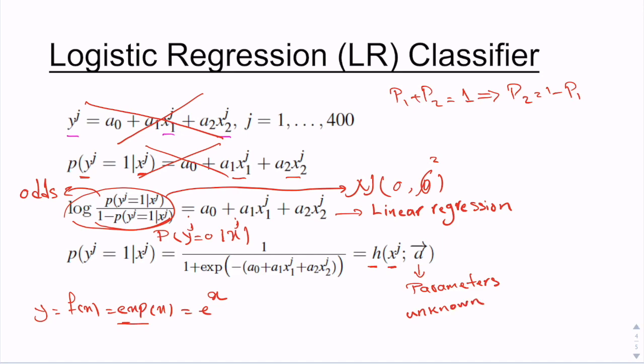As I said, the goal of classification in the training phase is to find a function as close as possible to the actual function. Here we would like to find parameters of the probability which is as close as possible to the actual probability, and this probability gives us the odds that the input is equal to 1 or the odds that it is equal to 0. So this is called logistic regression.